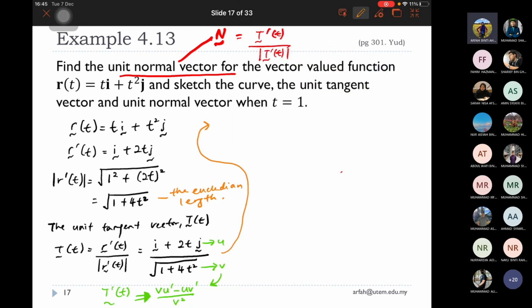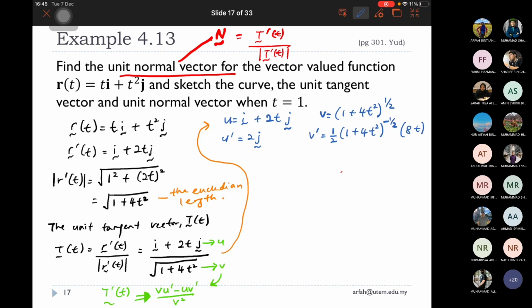So from here, u adalah sama dengan yang atas, i tambah 2tj. So dapatkan u prime akan sama dengan 2j. And v sama dengan 1 tambah 4t squared kuasa 1/2. So v prime, 1/2 turunkan, 1 tambah 4t squared kuasa 1/2 tolak 1, negatif 1/2, 4t squared dapat 8t.